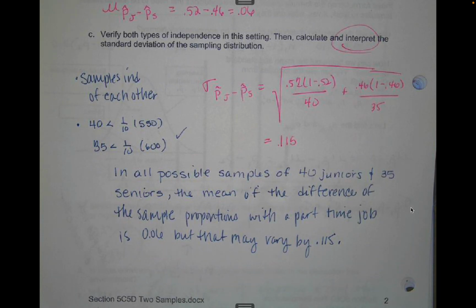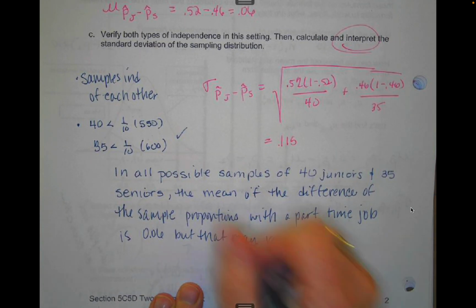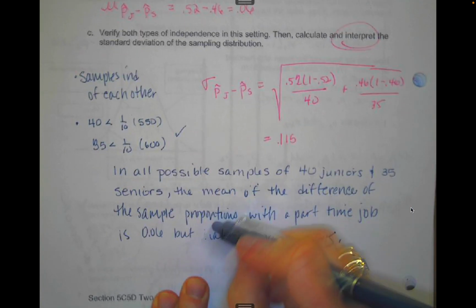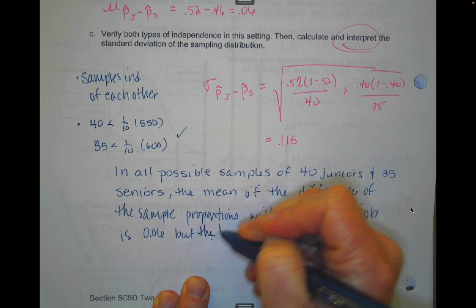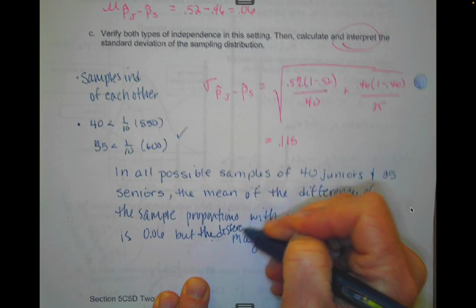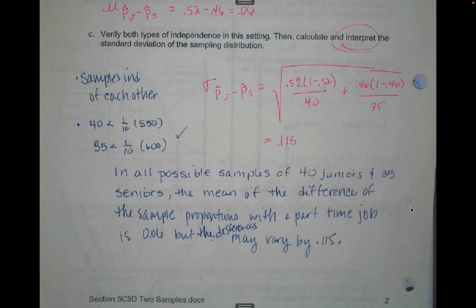The mean of the differences is 0.06, but the differences may vary. So this typically varies by 0.115, is that right? Yeah. Okay. Yeah, you could say typical. I was trying to put the two statements together as opposed to doing it one by one.